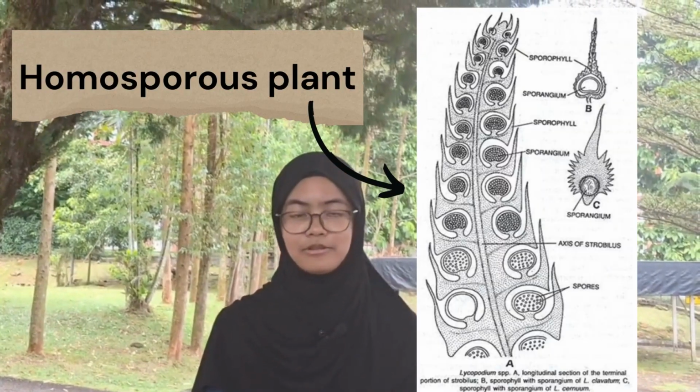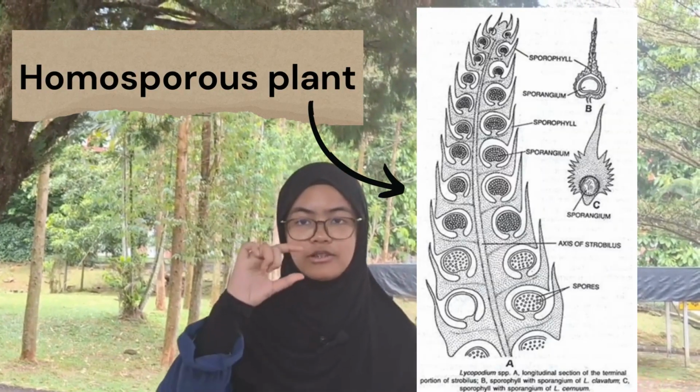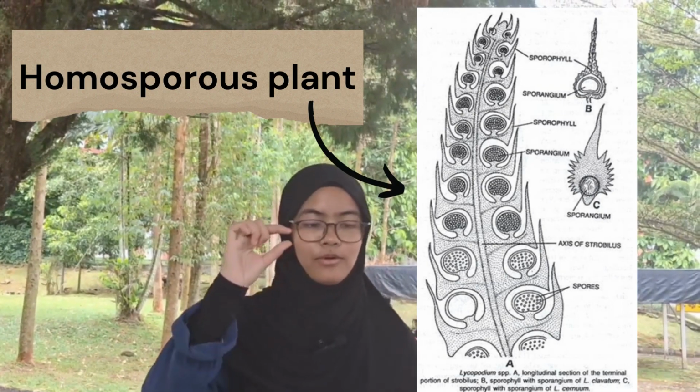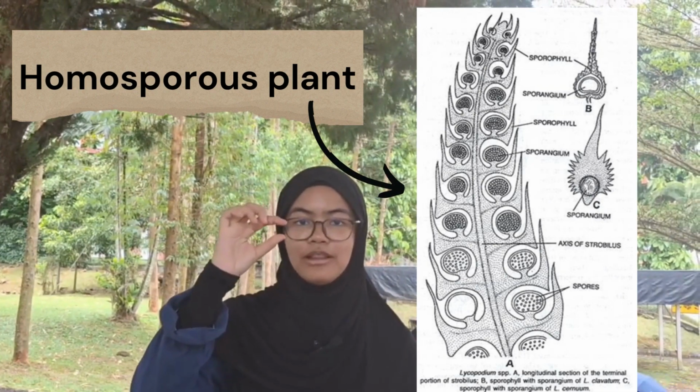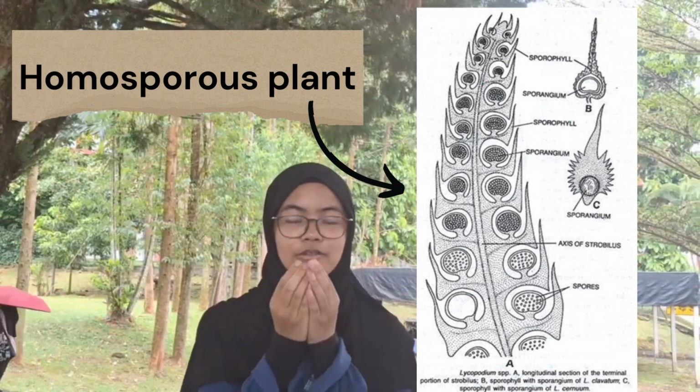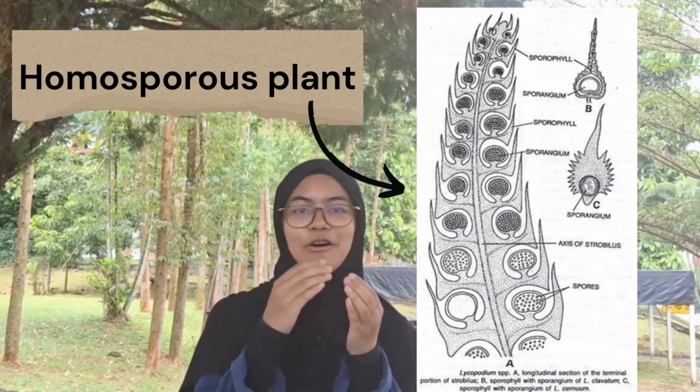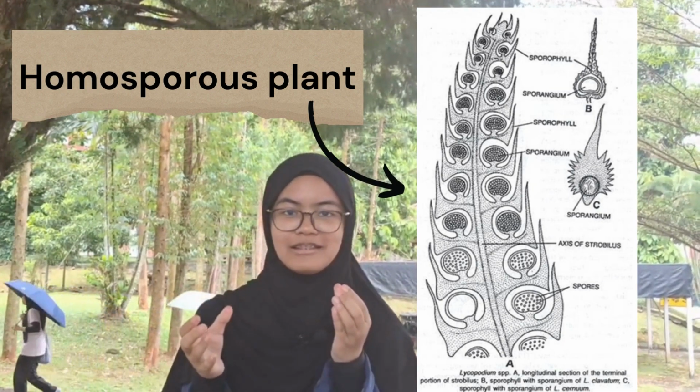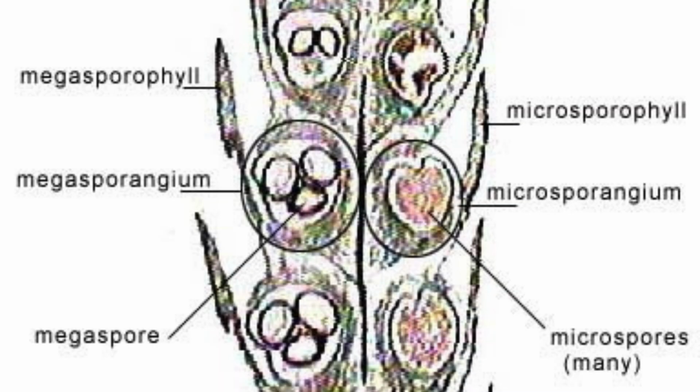In a homosporous plant, each of the strobilus consists of sporophylls, and the sporophyll consists of sporangium that consists of developing spores. On the other hand, Selaginella species is a heterosporous plant, which means it consists of two types of sporophyll in one strobilus, megasporophyll and microsporophyll.